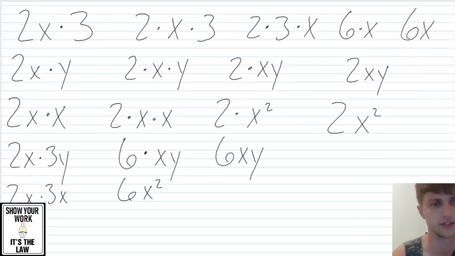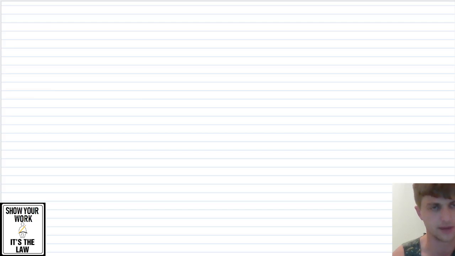Now let's take a look at, so what we were working with previously were monomials. Remember, a monomial is just one term being multiplied by another term. A polynomial is when we have a few terms together.